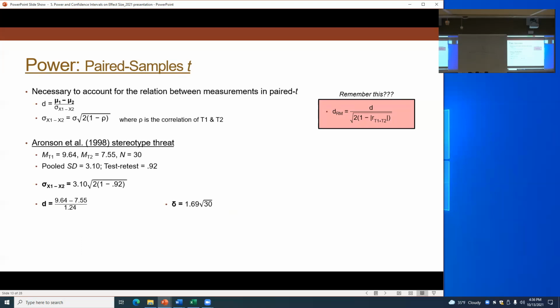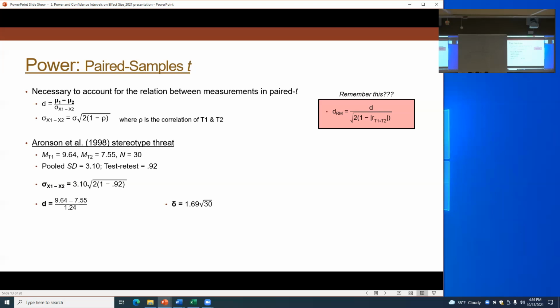Pooled standard deviation across time 1 and time 2, or just the square root of our average variances, is 3.1. But let's say the test-retest correlation between control and our second set is pretty high. It's 0.92. Okay. You see how we changed this study around, instead of making it between subjects, into a within.